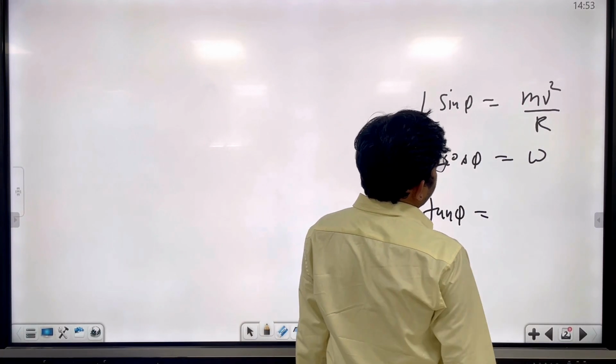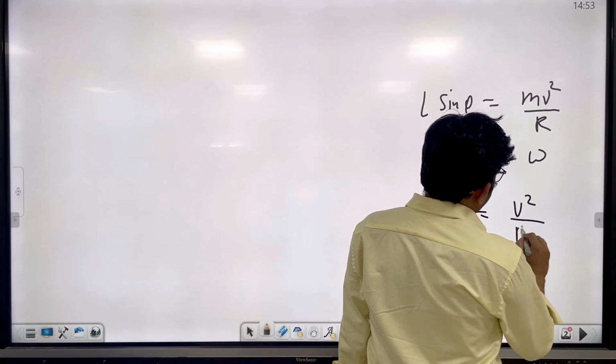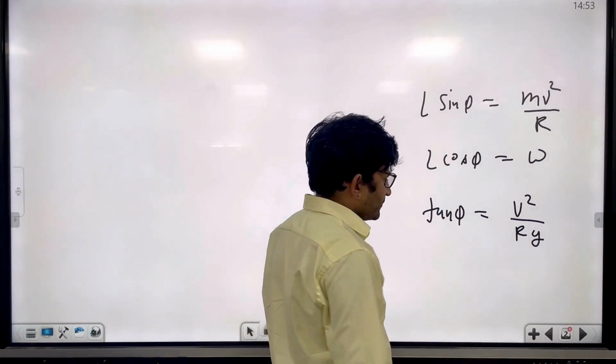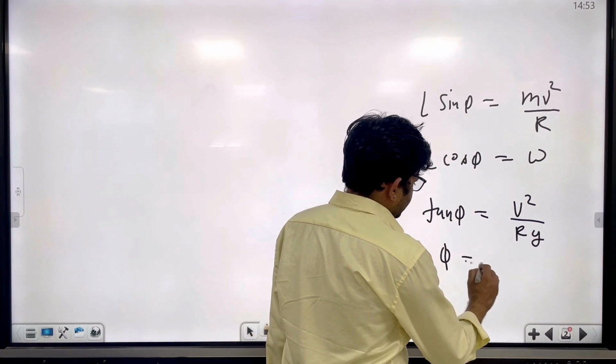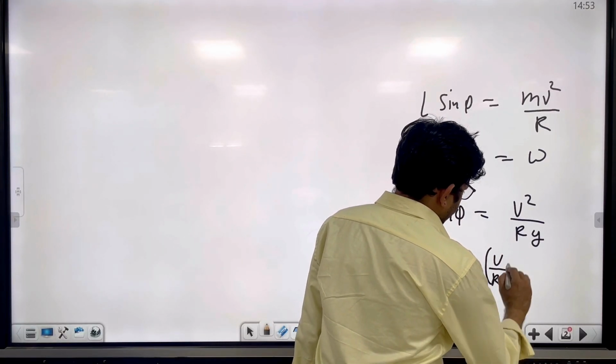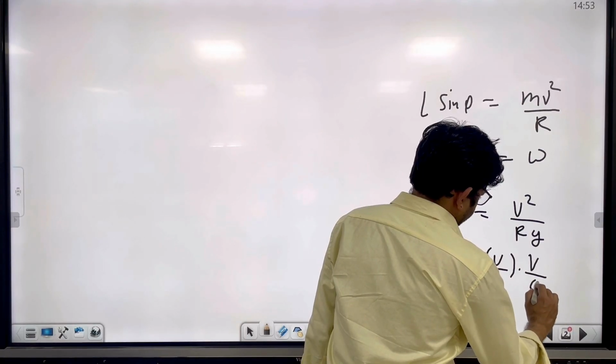Tan phi equals v square by r into g. If phi is small, you can consider tan phi as phi, and then take v by r separately, and then v by g.